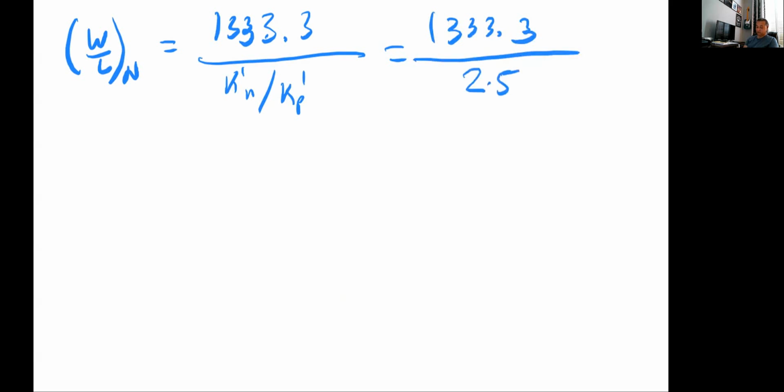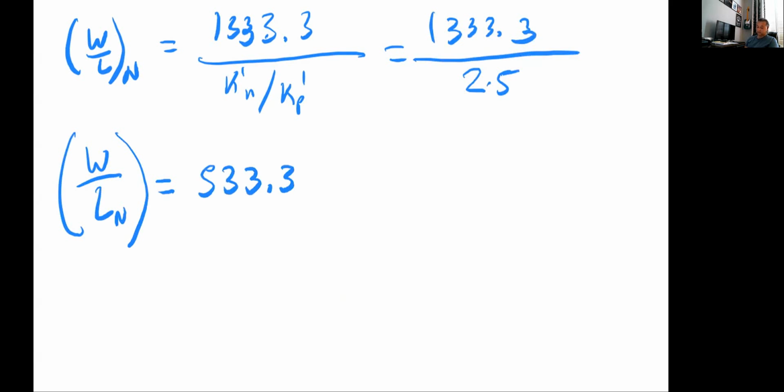We're given both K primes. So we have that the width to length ratio of the N channel is this quantity.